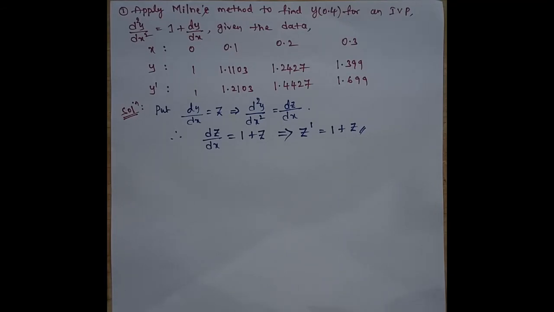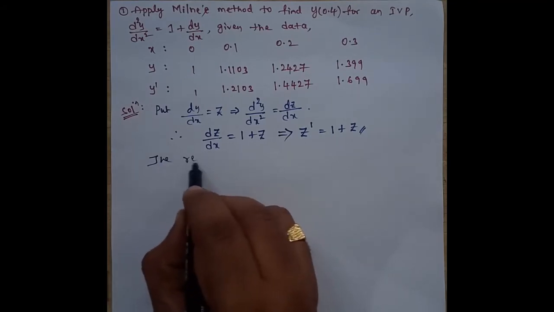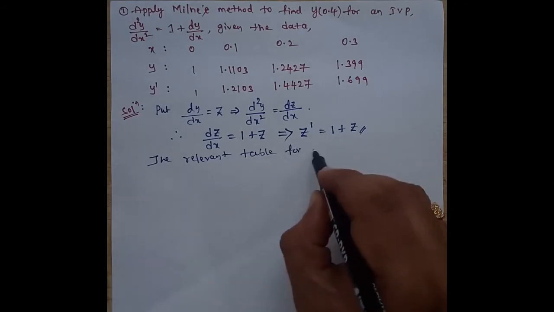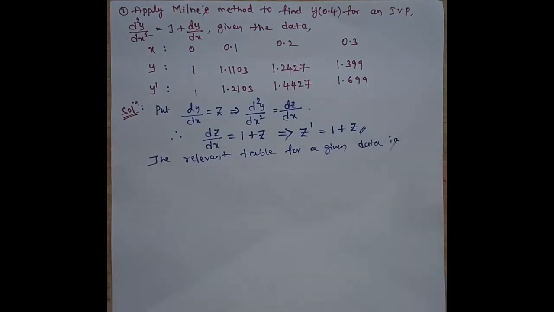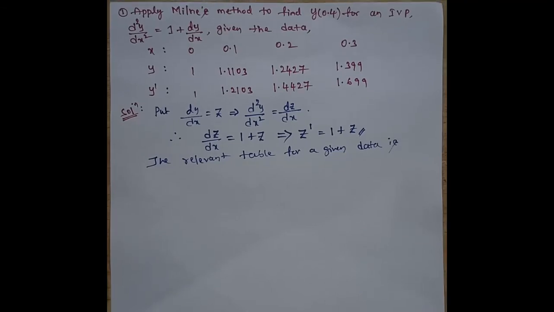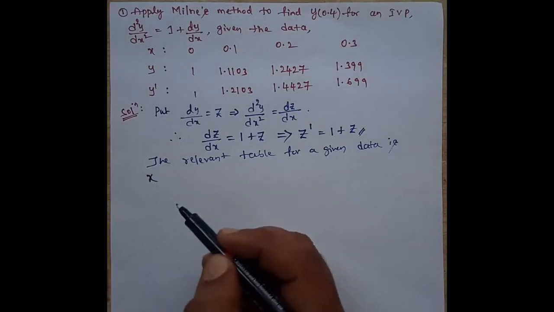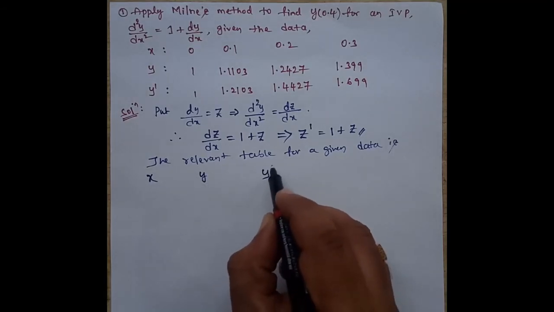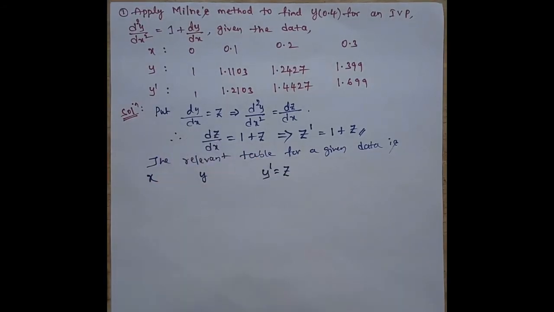So the relevant table for the given data should contain the x column first, then y values, then y dash values, and y dash is z, since we have taken dy/dx as z.